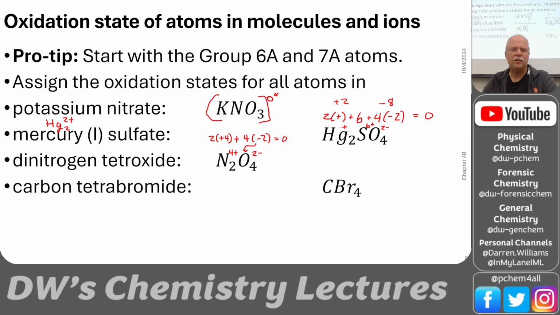All right, this next one, carbon tetrabromide. So each of those bromines is a -1. The whole thing adds up to 0. There's 4 of those. And so we're going to have a 4+ on the carbon. So we have 4 plus 4 times a -1 equals 0.